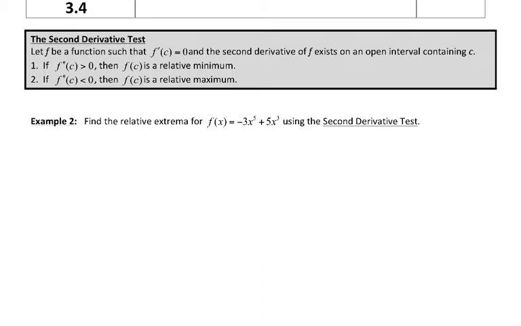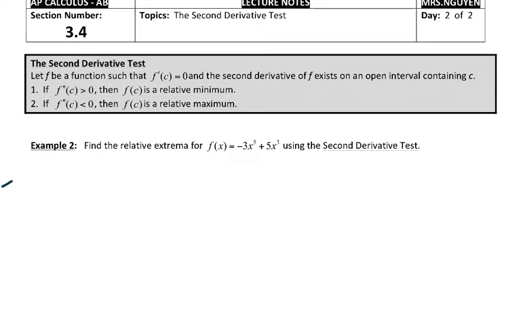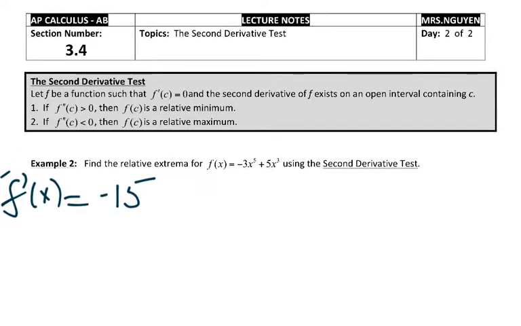So with that said, first of all, we're going to find the first derivative. f prime of x is going to be negative 15x to the fourth power plus 15x squared.